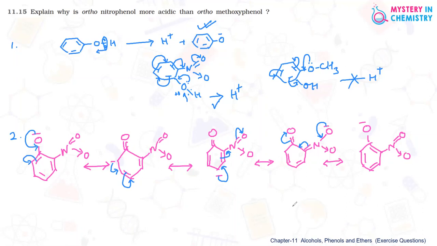So this is how all the resulting structures are possible, and the nitro group resonating is further helping in making the resonating structures. And because of this, the phenoxide ion is more stable as compared to phenol, and that is why it will have more tendency to give the proton.